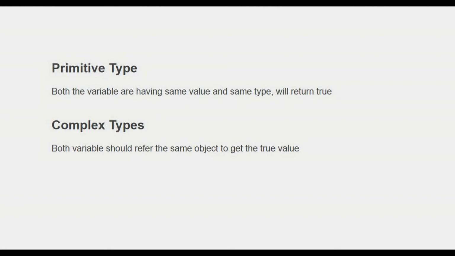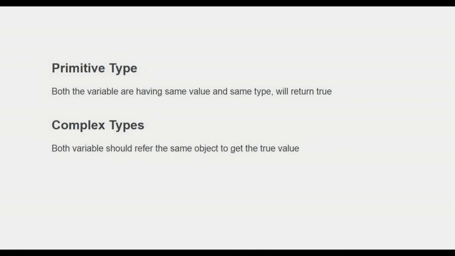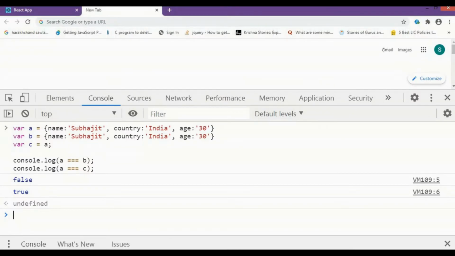But in complex types, as we just saw in the console.log window, a variable should refer to the same object to get the true value. Let me open up the console again. In this case, variable c and variable a are referring to the same object, so that's why it gets true. Otherwise, it will get a false result over here.